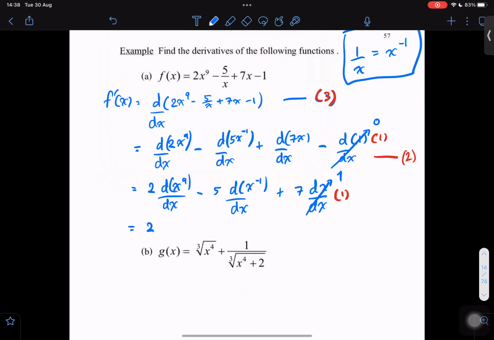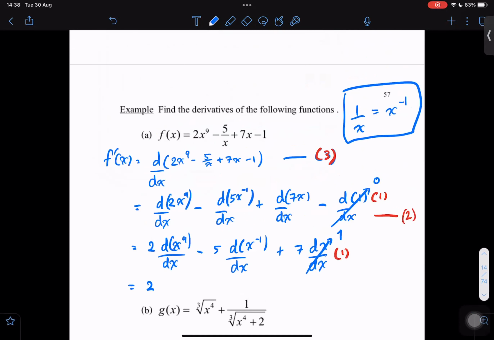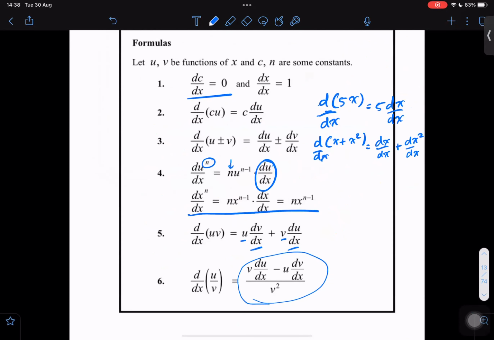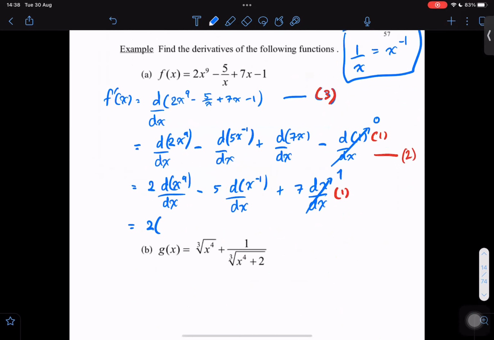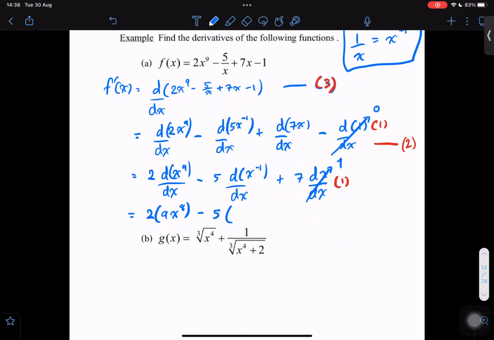Now the x to the 9 power becomes 9x to the 8, minus 5 times x to the minus 1 power, so it becomes minus 1 x to the minus 2. And then plus 7. Okay, and that's it.